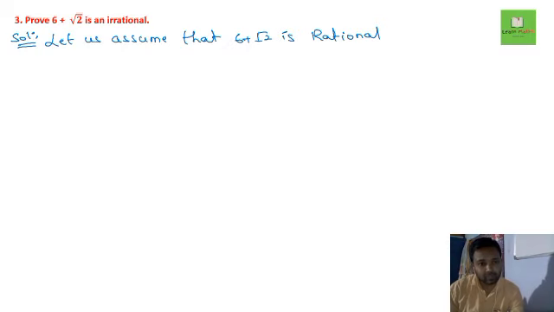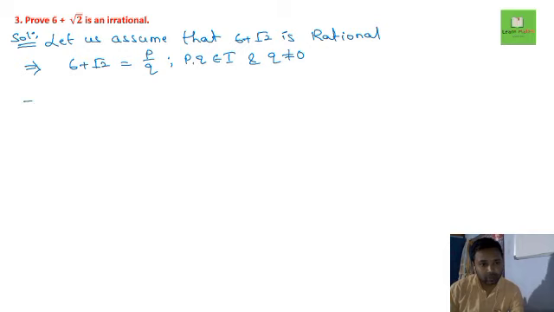If 6 plus root 2 is a rational number, then every rational number can be expressed in the form of p by q. Therefore, 6 plus root 2 also can be expressed in the form of p by q, where p, q are integers and q is not equal to 0.